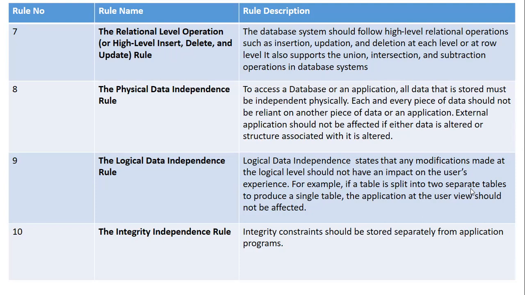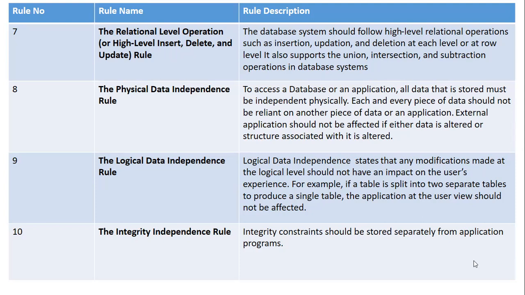Let's say we have one table stored in one file, and probably there is another table stored in another file. So these should be physically independent. We cannot have all of the data mixed up and stored in a single file or at one place. That is what physical data independence is. Similarly, the next rule, which is similar to what we have seen now, is called the logical data independence rule.